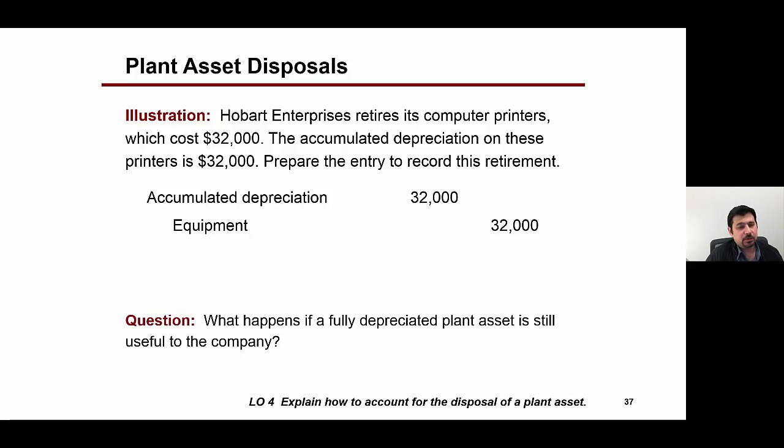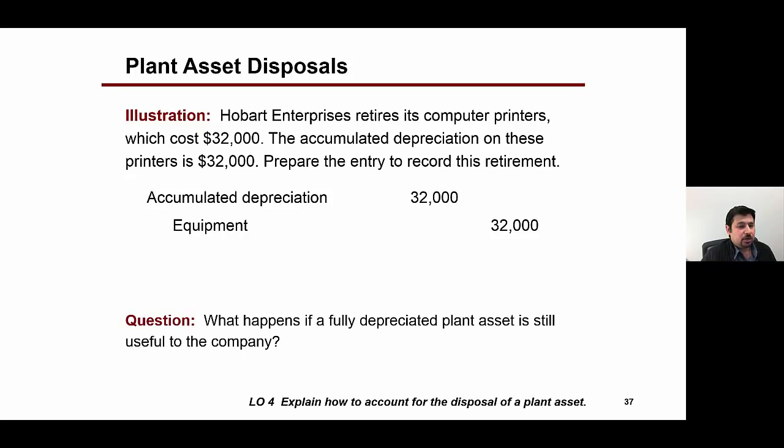But in certain cases the companies would still want to use those printers. Let's say that those printers are still functional and the company still wants to use them, but they don't want to basically throw them away, although they have been fully depreciated. No one can force them to get rid of them. Instead, they will keep on using them, and on the balance sheet the company will still report equipment at $32,000 and accumulated depreciation $32,000.